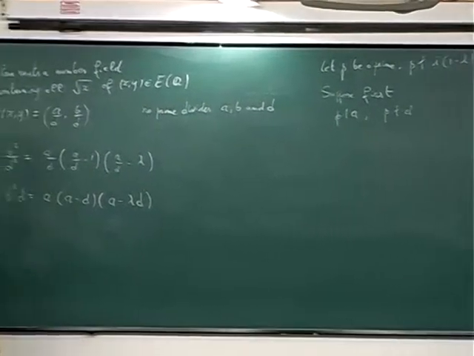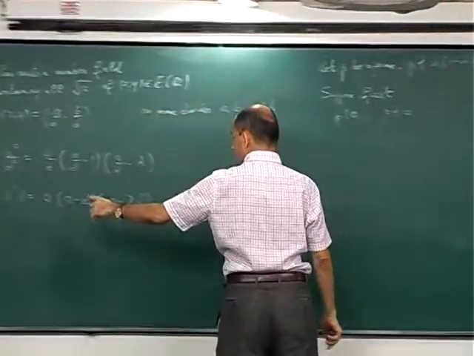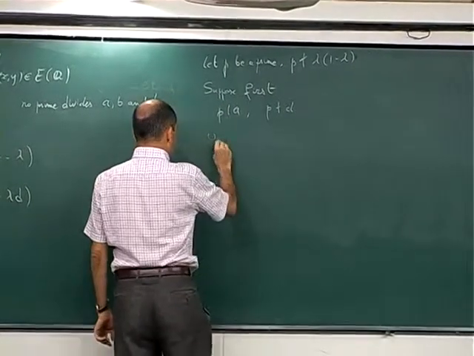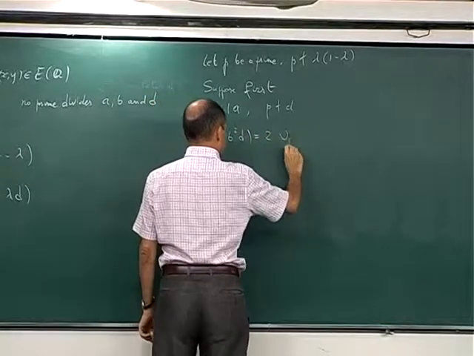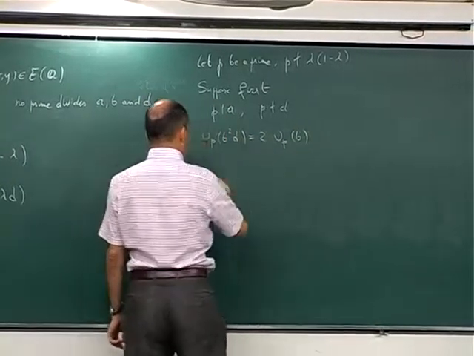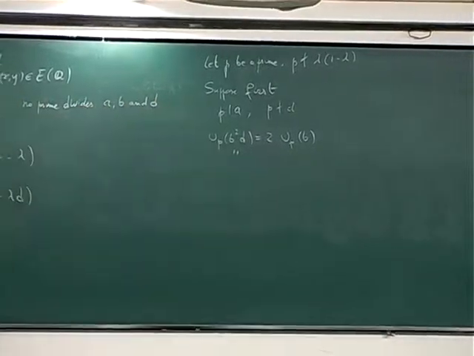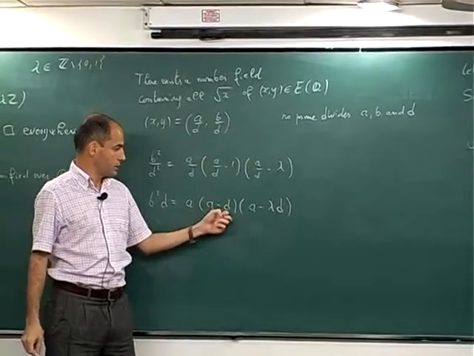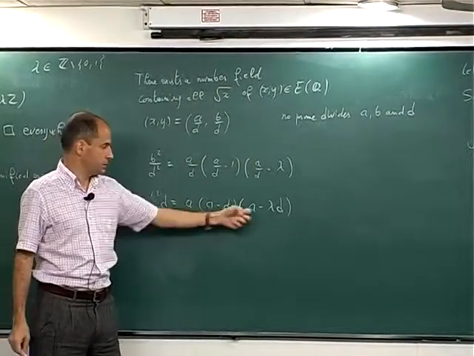So taking the P-adic valuation, we have nu P of B squared D equals twice nu P of B. This should be equal to, so P does not divide D, so it divides A minus D with the same multiplicity with which it divides A, and the same here.